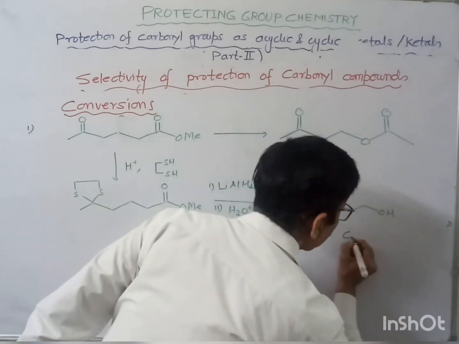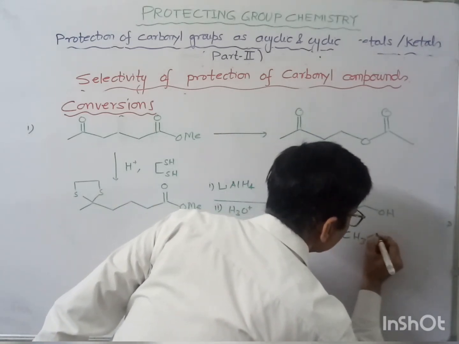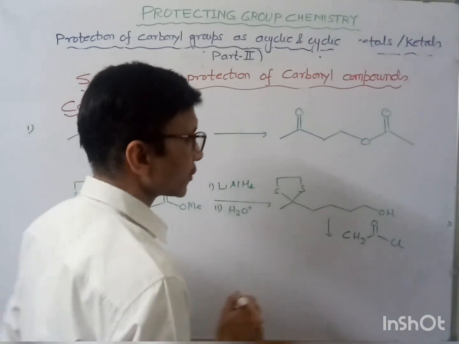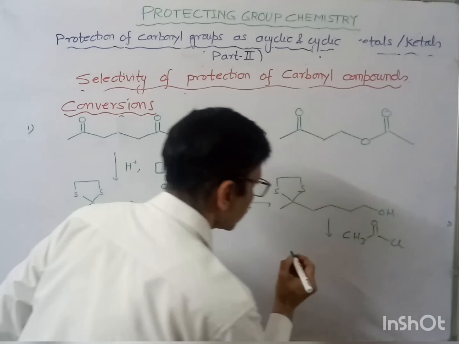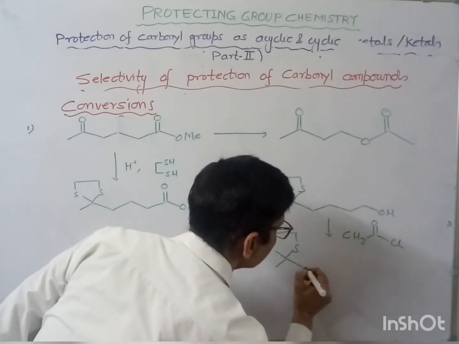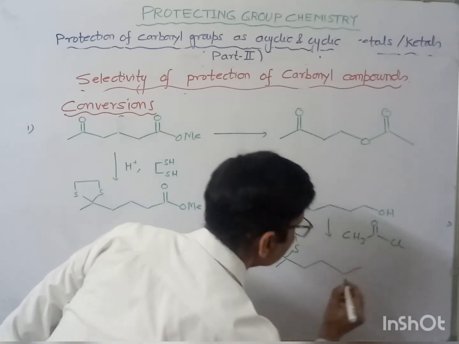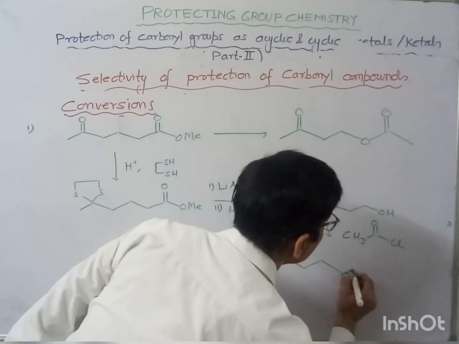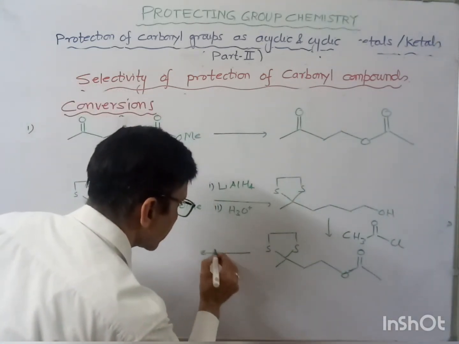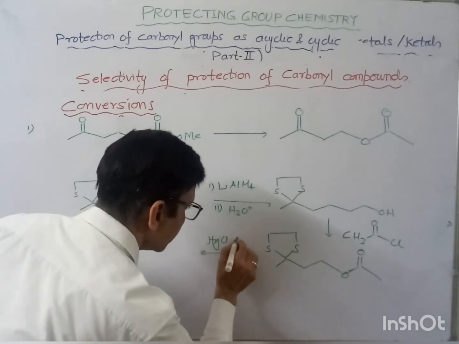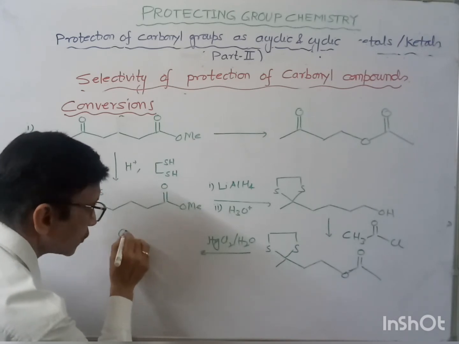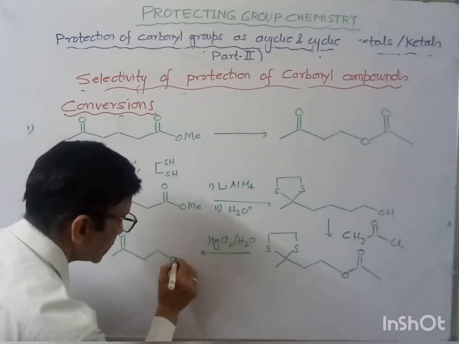So this can be acetylated using this acid chloride, or acid anhydride, and we will get this. And finally this can be deprotected, and we will get the desired product.